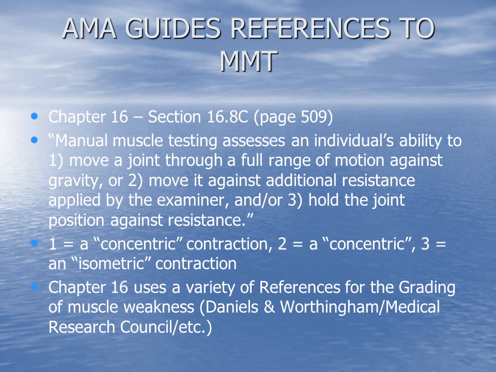Number one, can the limb or segment be moved against gravity? If so, it's at least a grade 3. If it can be moved against additional resistance applied by the examiner, then it's at least a grade 4 or 5. And if the muscle can hold the joint position against resistance, again, that's a 4 or a 5.